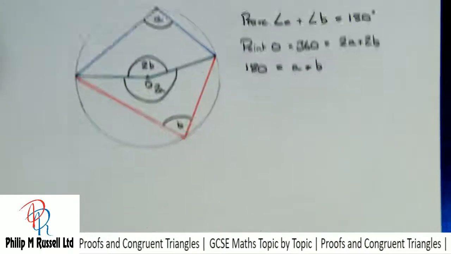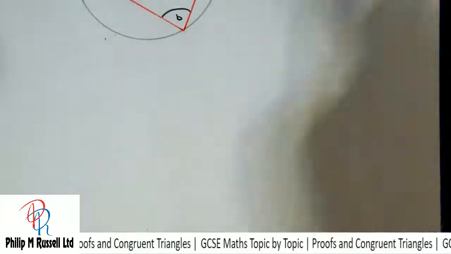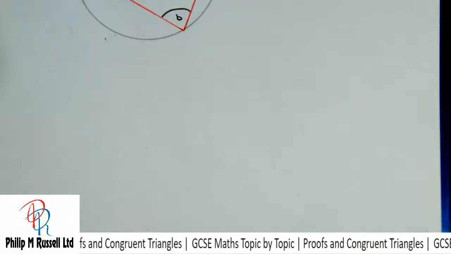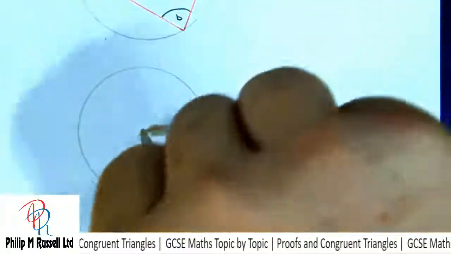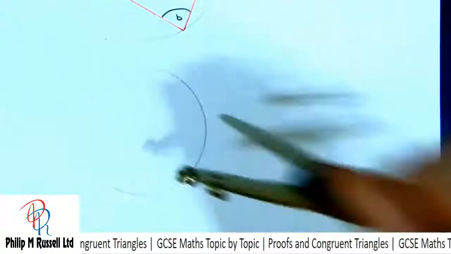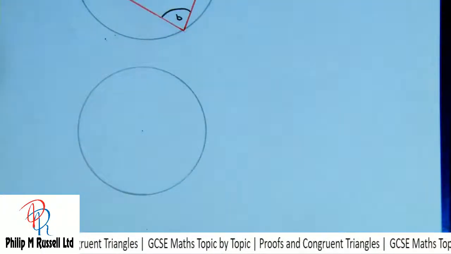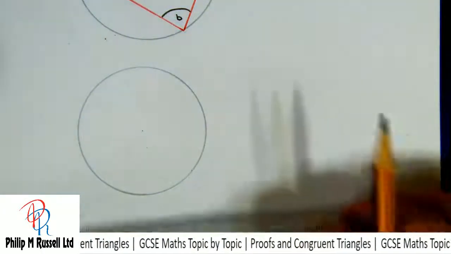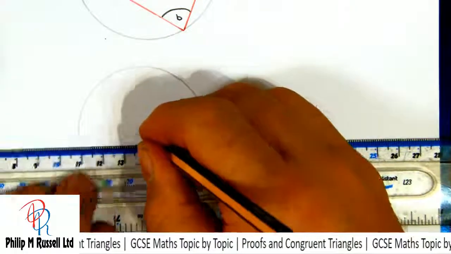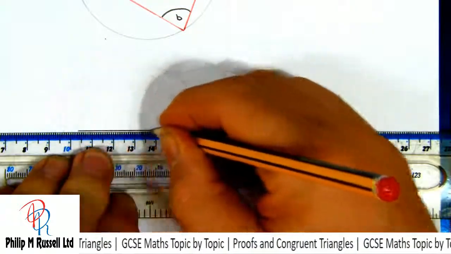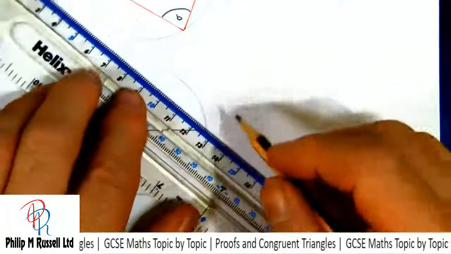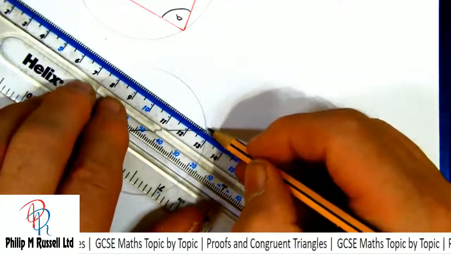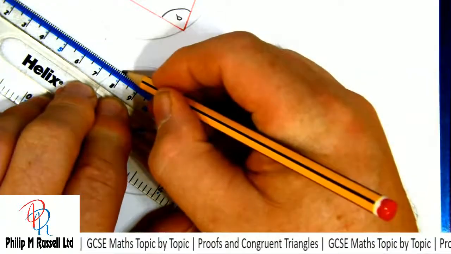Let's try another one. See if I have more luck with my compass this time. In here we've got, from the centre, I'm just going to draw in a diameter, and I'm going to draw in a triangle.